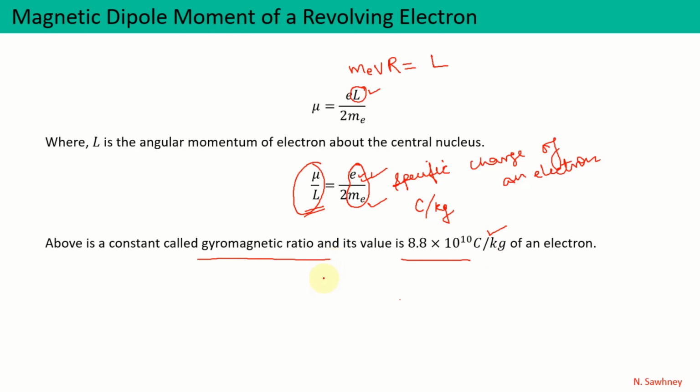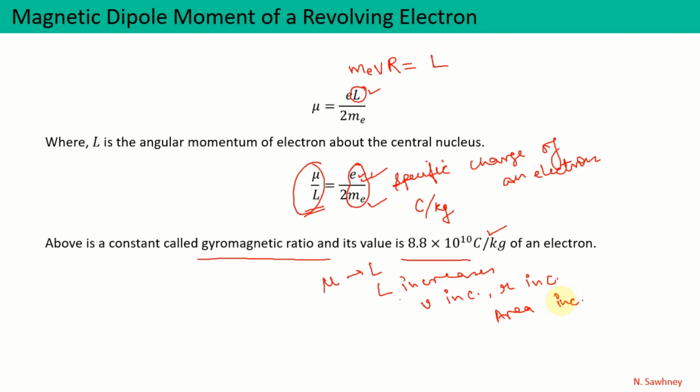So we can say that the magnetic moment depends on angular momentum. As the angular momentum increases, definitely the velocity of the electron also increases. If velocity increases, its radius will also increase, and hence its area will also increase.